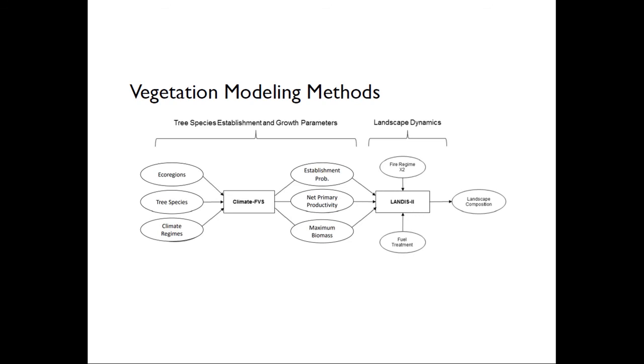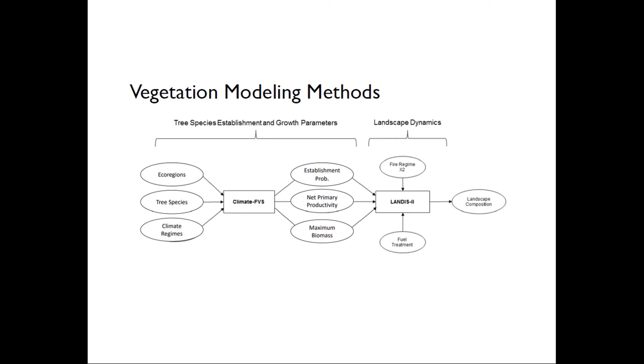So this is an overview of the vegetation model. I know this is a water group, so I hope you don't have too many questions about this because I didn't do it myself. But it's Climate FVS and LANDIS-II, which are our Forest Service products. Climate FVS relates climate characteristics to the growth, establishment, and mortality of different tree species.